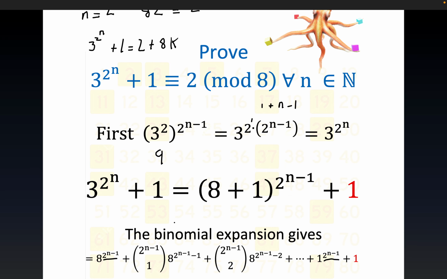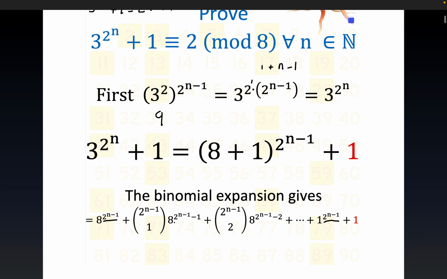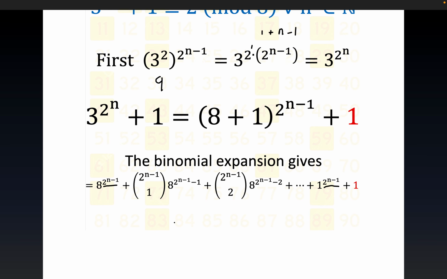Now, it's manifest. What I'm going to do is circle this piece right here, this object that is part of the binomial expansion. All right, so clearly you have 8 here all the way to the end until you get to 1 raised to the power, which is just 1. I did the red here, I thought that was kind of useful.